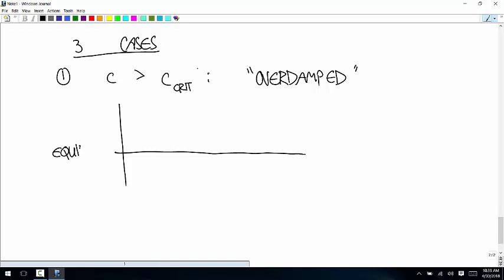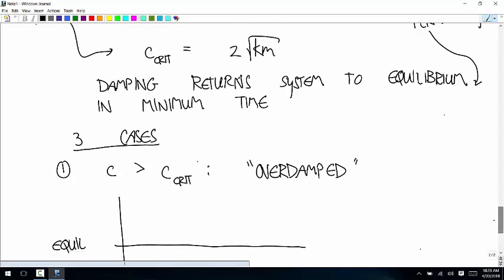So if this is the equilibrium, I'll draw it. Okay, so here's an undamped system for reference. Here's the equilibrium location.